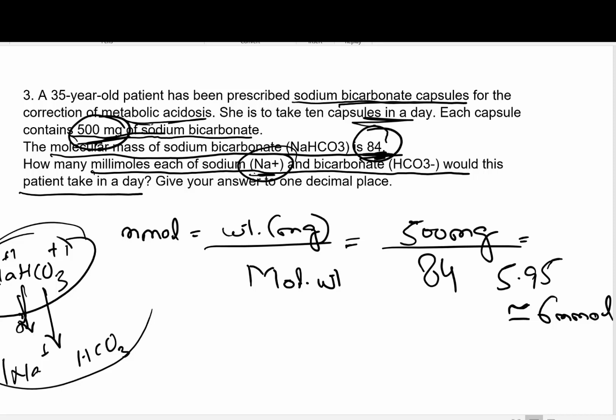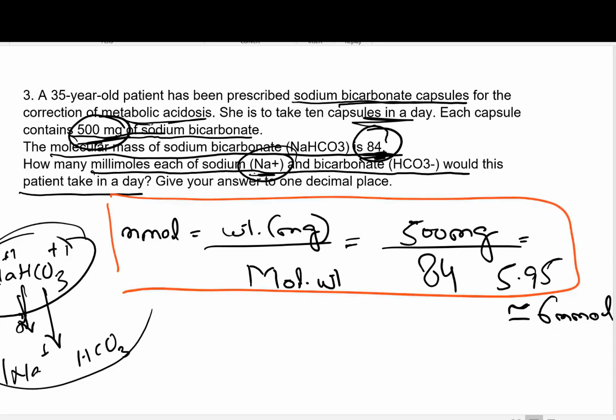Okay, so for these types of calculations, just remember this equation. This is important to remember. If you are asked a question about moles, the equation for moles is the same equation, but the weight should be in grams, divided by molecular weight.